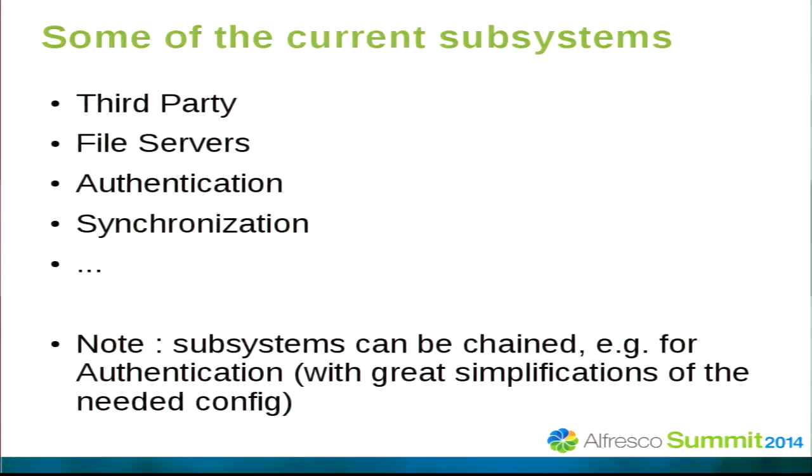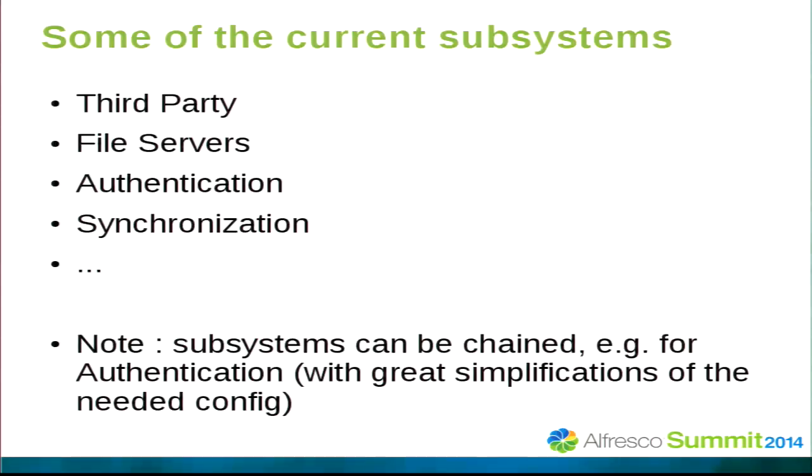So some of the current subsystems, as I mentioned, there is one that is called third party. This is the one I am using for that demo, which is calling all of the third party tools, which could be OpenOffice, it could be PDF to SWF to convert PDF to Flash. It could be any external tool that you are using to convert source content to target content.